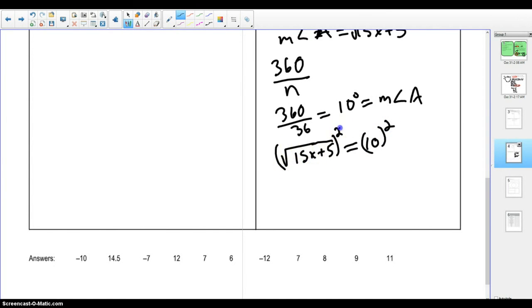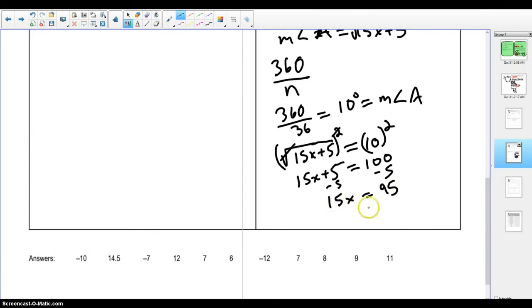So the square root and the square are going to cancel each other. So we have 15x plus 5 on this side, and then we square 10 on the other. So we get 15x plus 5 equals 100. And then subtract 5. So we have 15x equals 95.